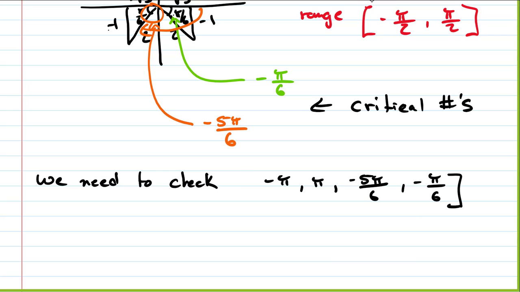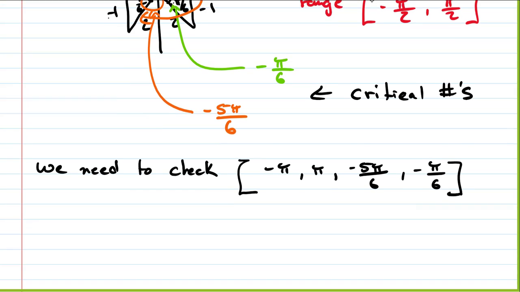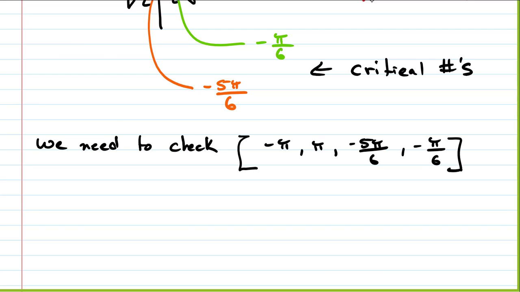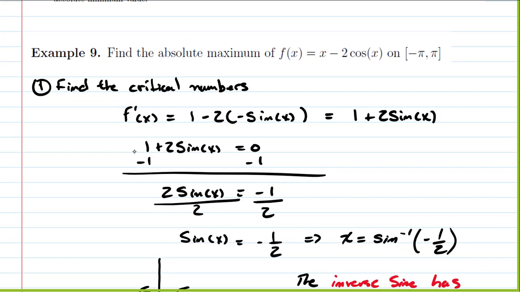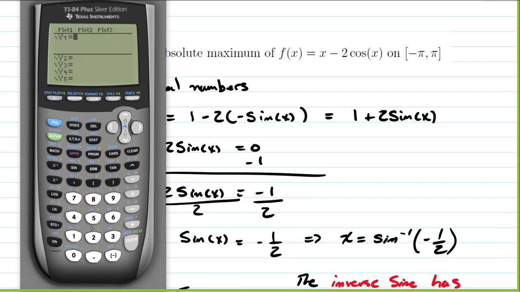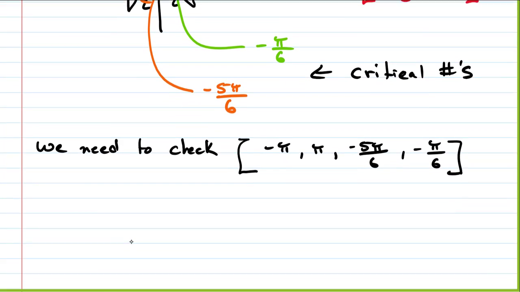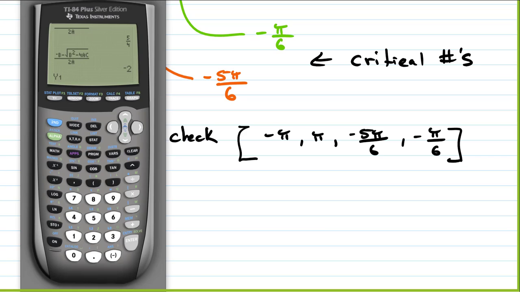And these are the set of values we're going to check to see which is the maximum and which is the minimum. So we go back to our original function, not the derivative. So we're going to be checking in our original function, which is x minus 2 times the cosine of x. And we put that into our calculator, and then I'm just going to put in each of these numbers as we go. So we have negative pi.